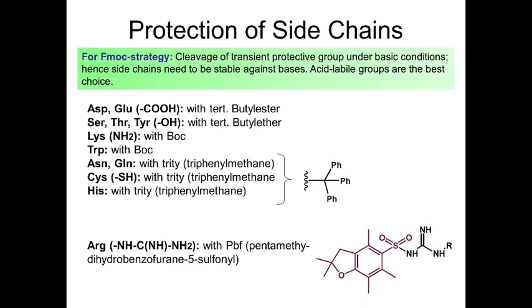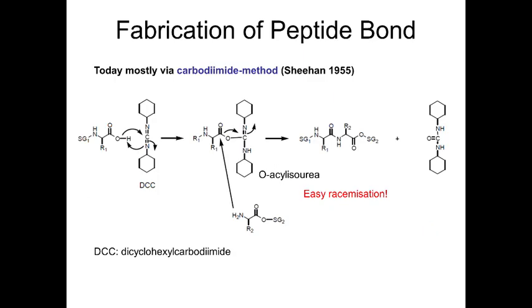And a very complicated looking protective group is chosen for arginine. I won't read the name now from the slide, but this protective group is abbreviated PBF group, and the structure you can see again on the bottom right.